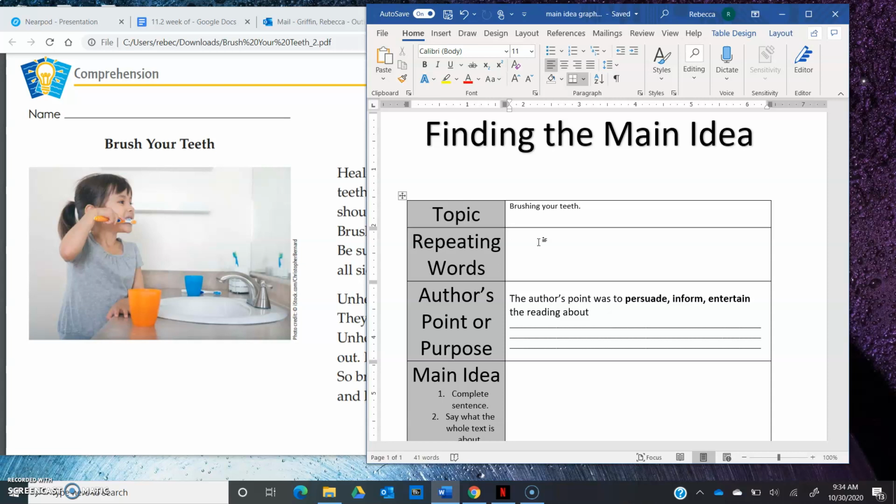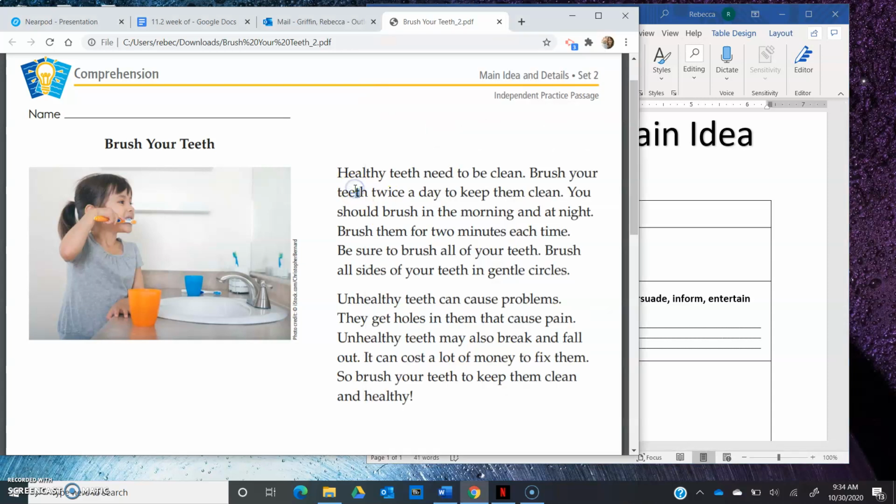Repeating words. So let me look back in the passage. I notice the word teeth a lot, even in this paragraph. I see it right here: 1, 2, 3, 4 times.